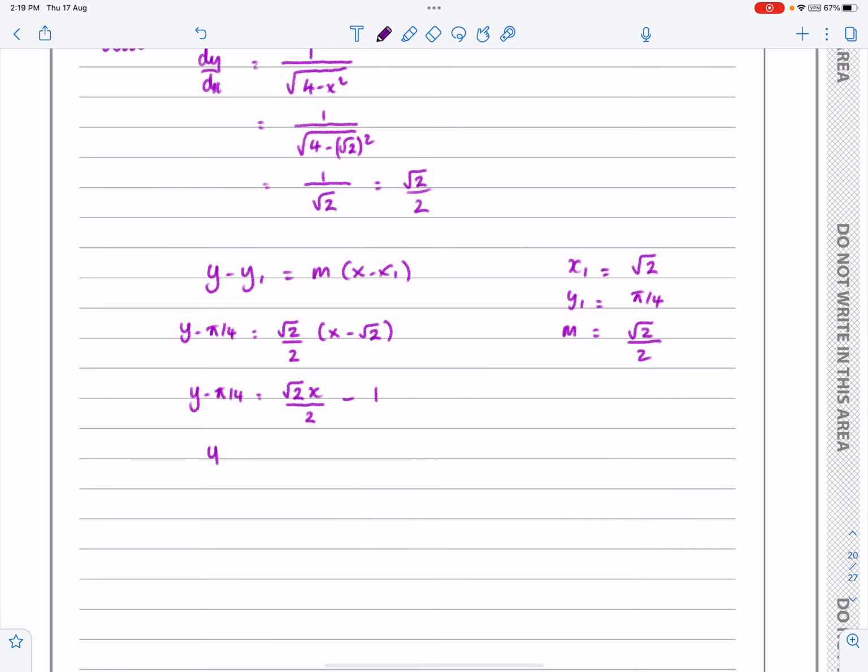So now y is equal to root 2 over 2 x minus 1 plus pi over 4 there. So what I've got is I've got it in the format I wanted. Here's my m and here's my c there.